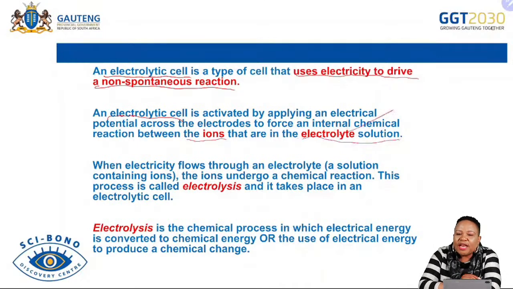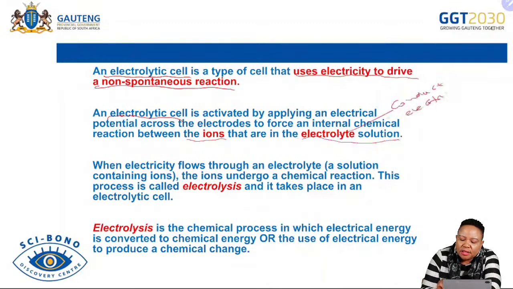Remember that our electrolyte is that ionic solution that conducts electricity. So we are going to have ions moving inside our electrolyte. But remember now, what will cause the entire reaction is the energy provided by the cell.